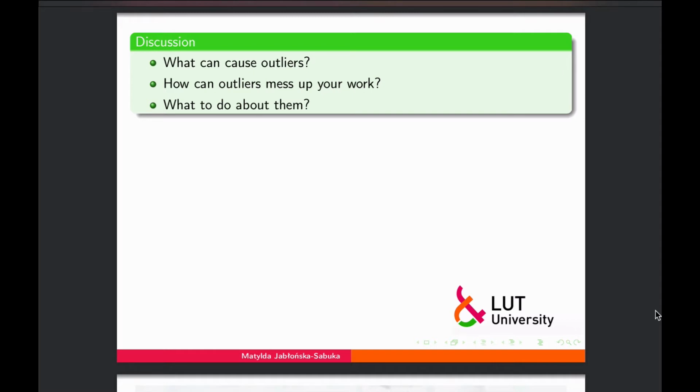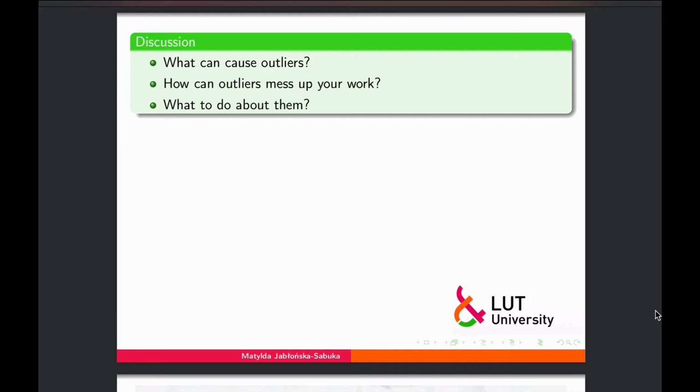Another way would be somebody writing down results on paper and then copying them to the computer and making a mistake, reading some digit incorrectly, or another person reading someone's handwriting incorrectly, or just a simple typo. So we have to be aware that those things happen, but also that there are phenomena where outlying values are actually normal. Whenever you're studying something, you should be aware whether it could be considered a normal observation or not.